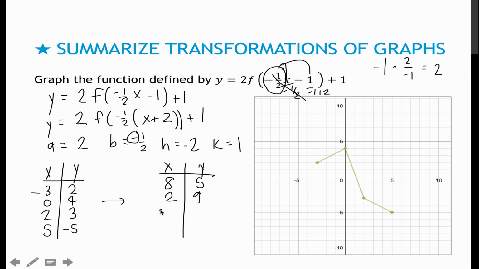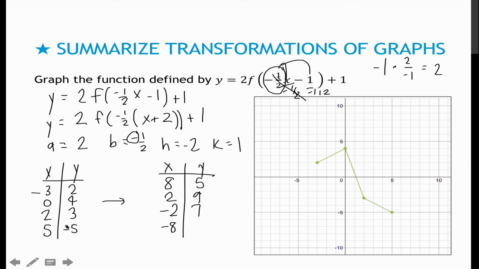And then I switch the sign to make it negative 2. 3 times 2 is 6, plus 1 is 7. And my last, 5 divided by a half gives me 10. 10 minus 2 is 8. Flip it to make it negative 8. And then negative 5 times 2.